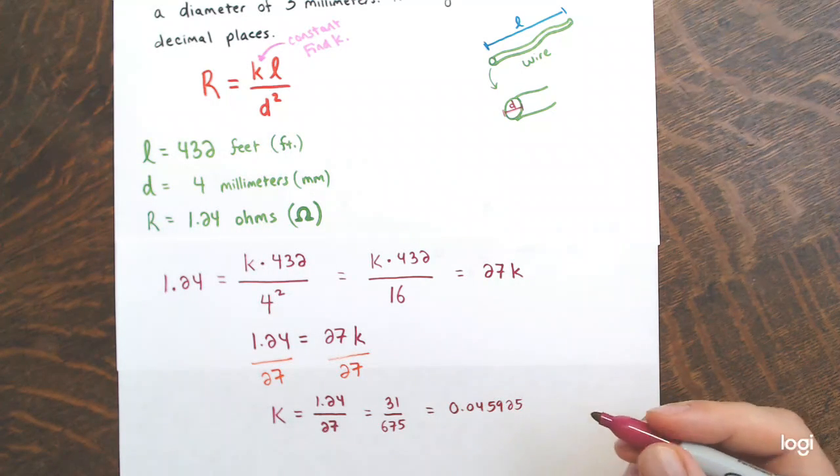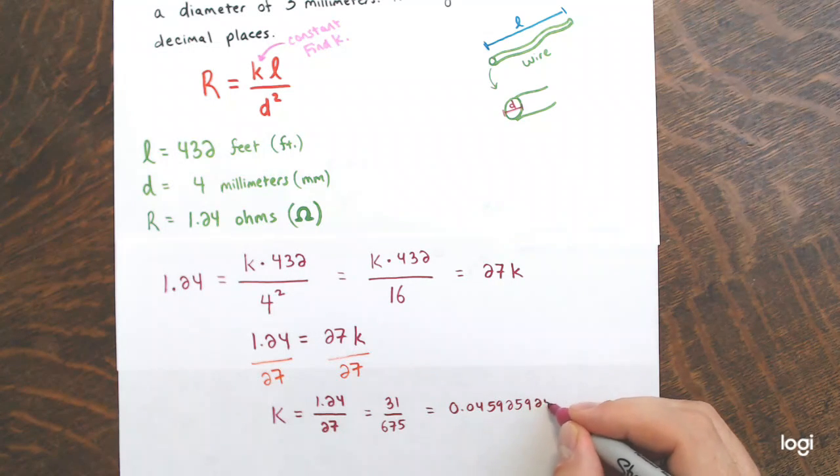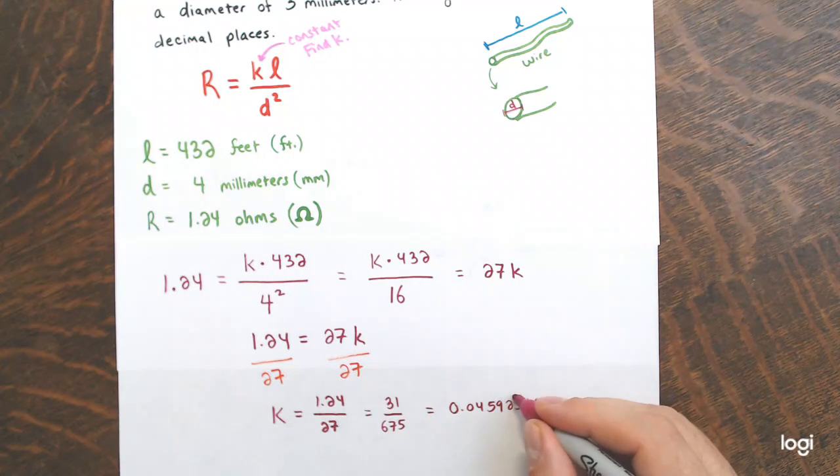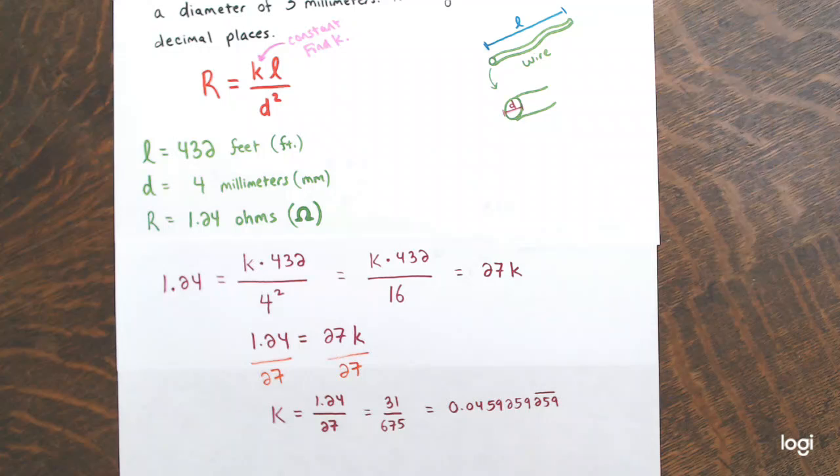It looks like the 259 is repeating, and my calculator is only going out to that many decimal places. So let's go dot dot dot. That goes on forever. I'm just going to leave it as this nice simplified fraction.